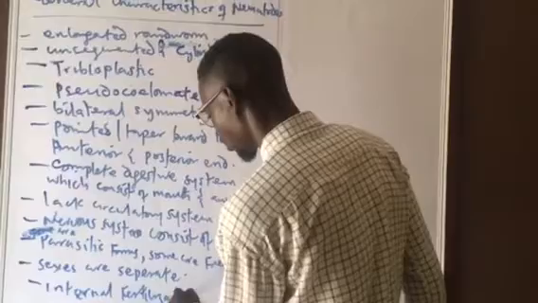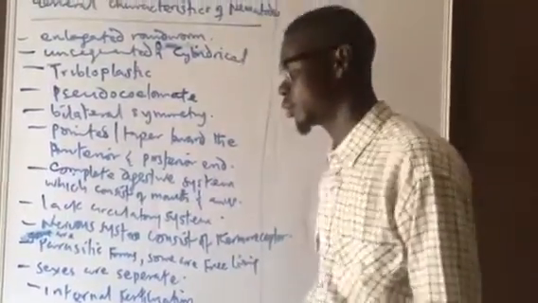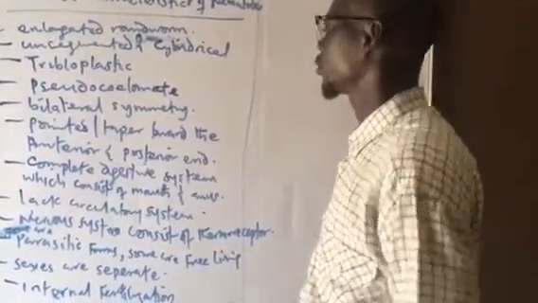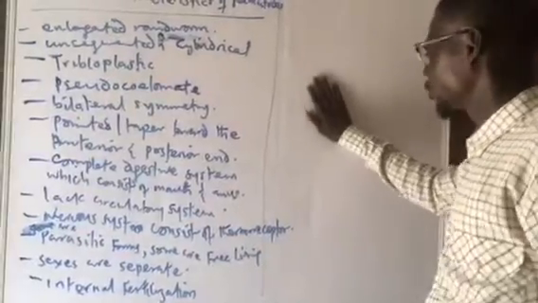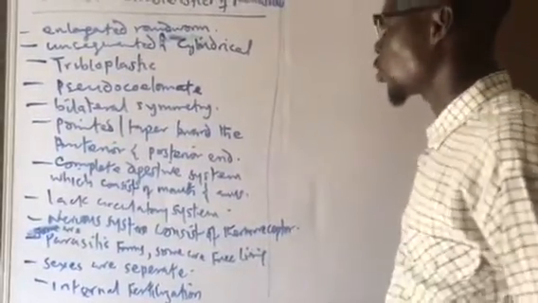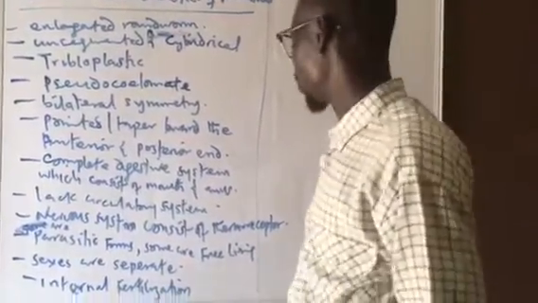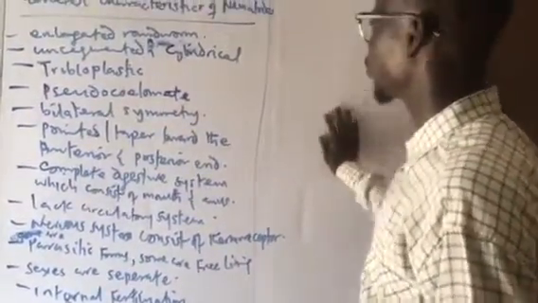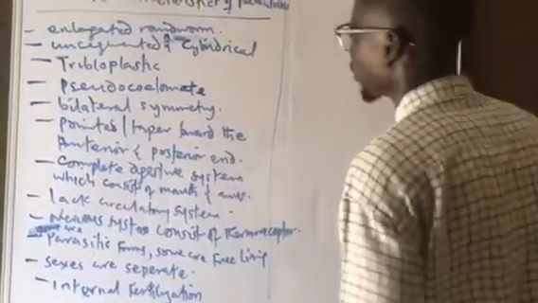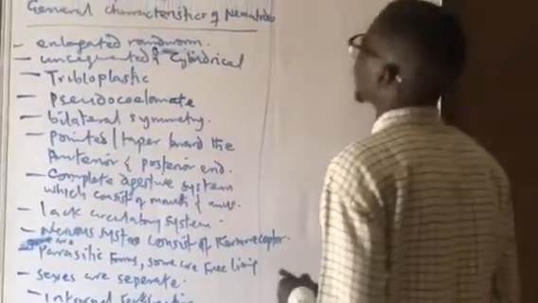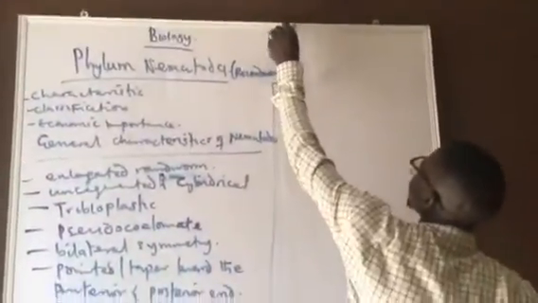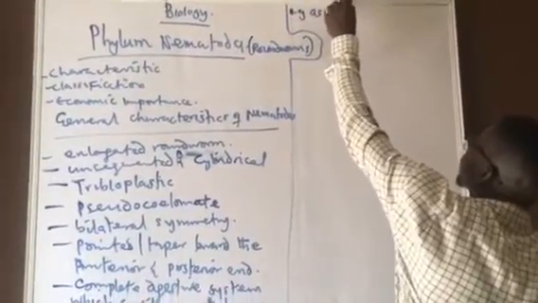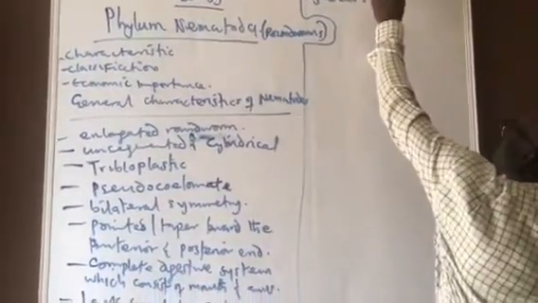So this group are not hermaphrodite, they are separate sexes. The round ones, and we said they are parasitic, they cause diseases, while few are free living. So we also have the examples of this group called nematode. The examples are Ascaris lumbricoides.